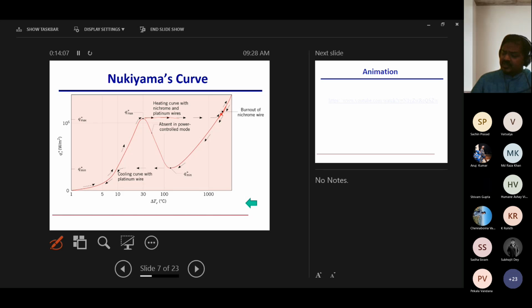And then suddenly, when he came around 120 degrees or so of superheat, he saw a large decrease by almost 100 degrees reduction in temperature. Okay, so the curve looked like this. This is while going up, and this is while coming down.